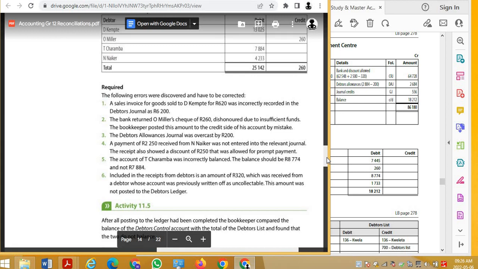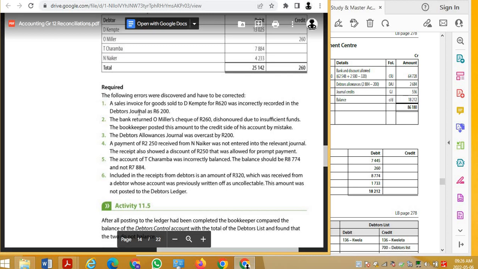If there is something wrong with an individual account, and it's not because the journal itself is wrong, then it will only affect the debtors list. Individual transactions that affect an individual only will only affect the debtors list. But let's go through a couple of examples. The best way to do it is through practice, right?